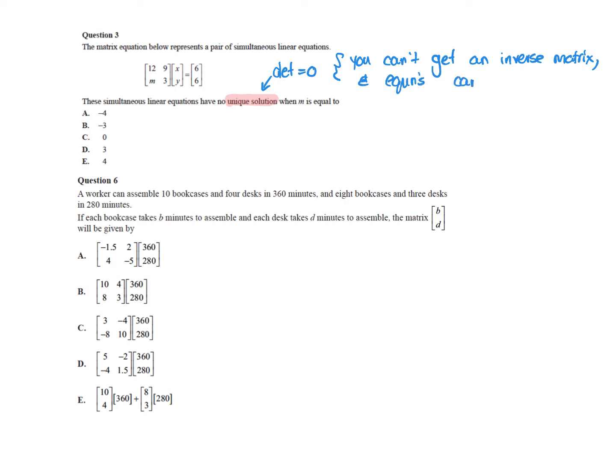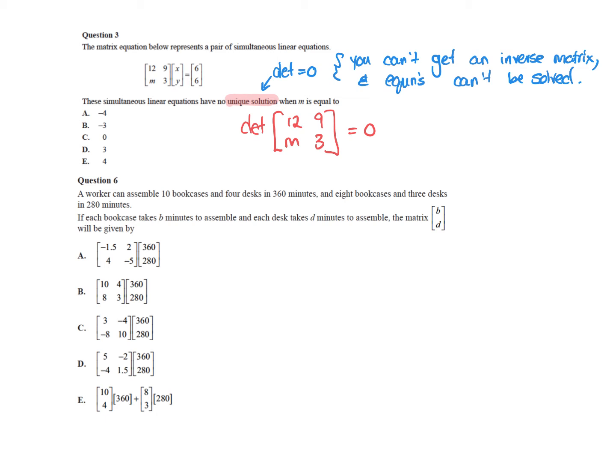Yeah? So in this scenario, it cannot be solved. That means the determinant of this matrix has to equal 0. Yeah?